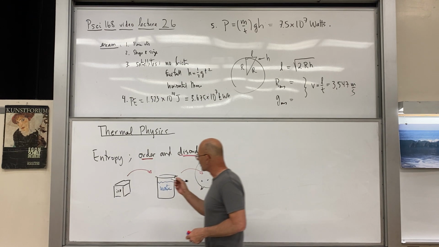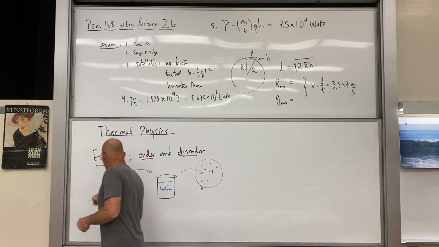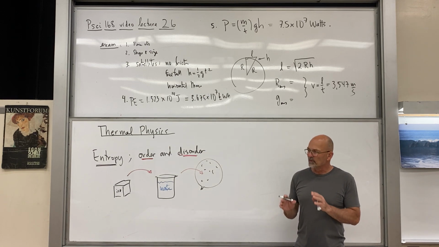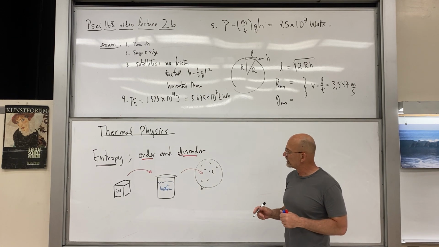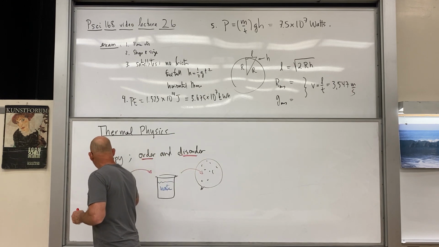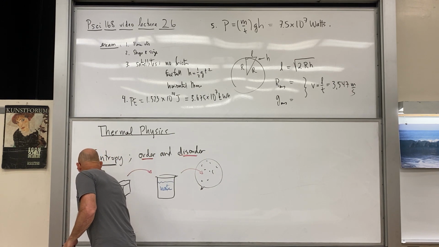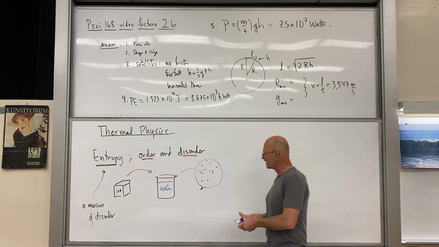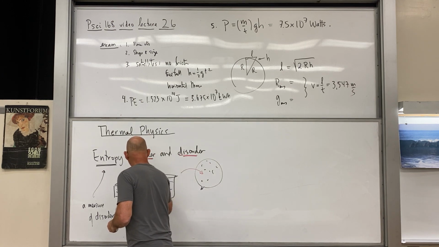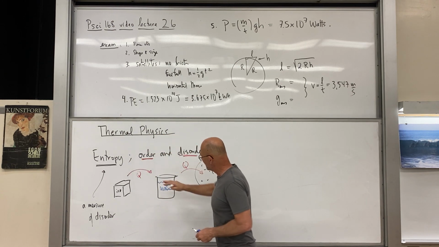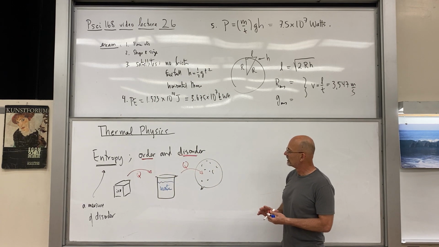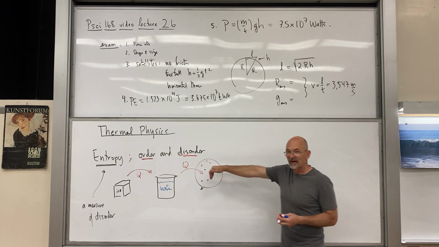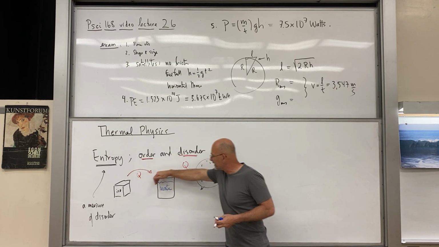So this entropy word here, it's a concept where we need a measure of the disorder. Okay, so entropy, a measure of disorder. And yeah, this was our adding energy, and so we could say the entropy is increasing from ordered to disordered.